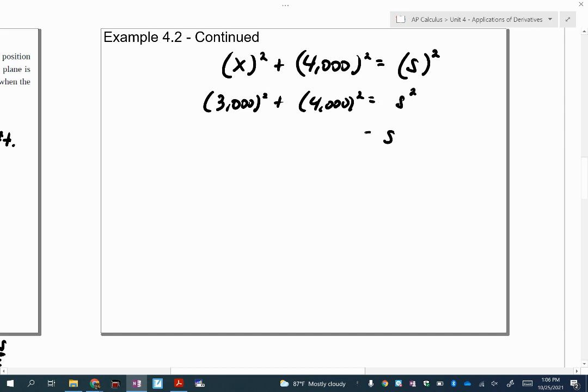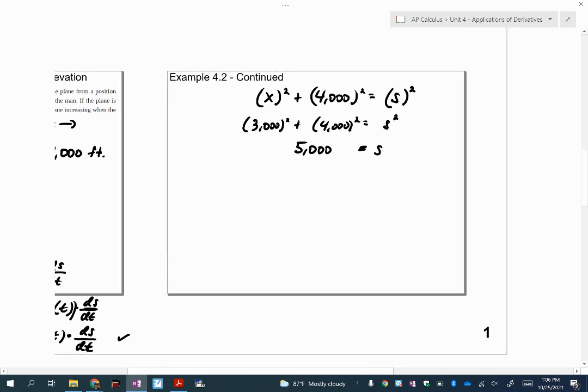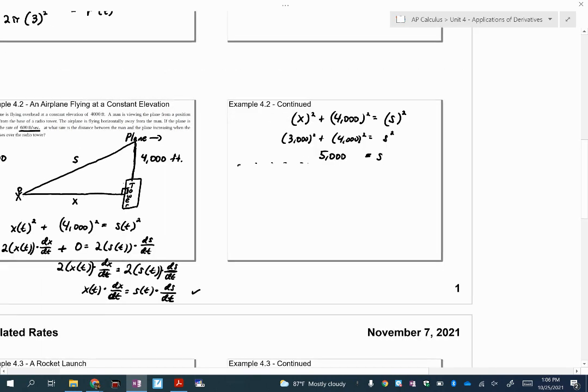And solving for s, if you need to go to decimals and do this, you can. I know from my days in geometry that there's a perfect right triangle called the 3, 4, 5 right triangle, as well as 6, 8, and 10. And so if this is 3,000 and then 4,000, then the hypotenuse, or letter s, must be 5,000. Okay, so now I have everything I need to solve for my unknown.